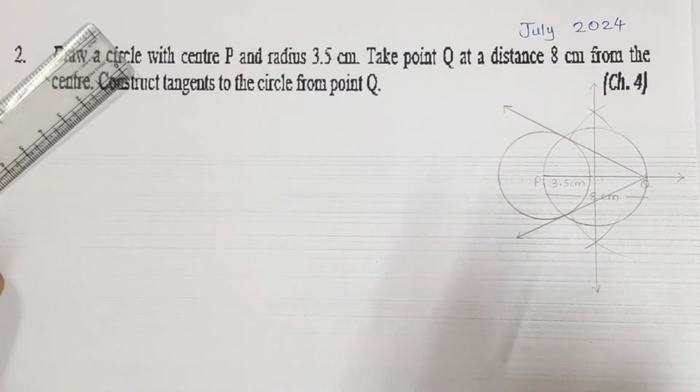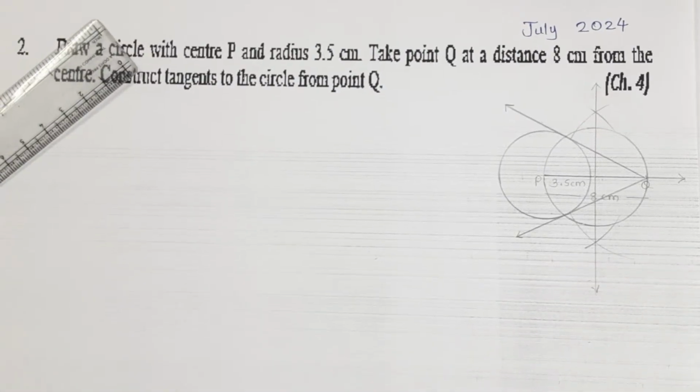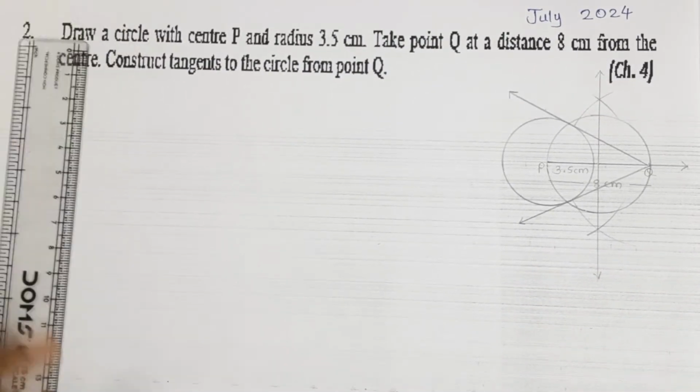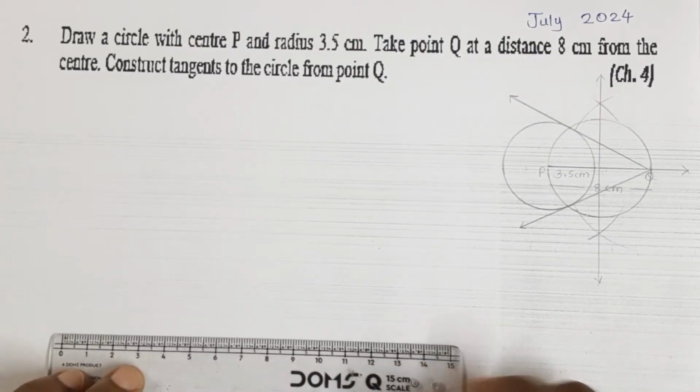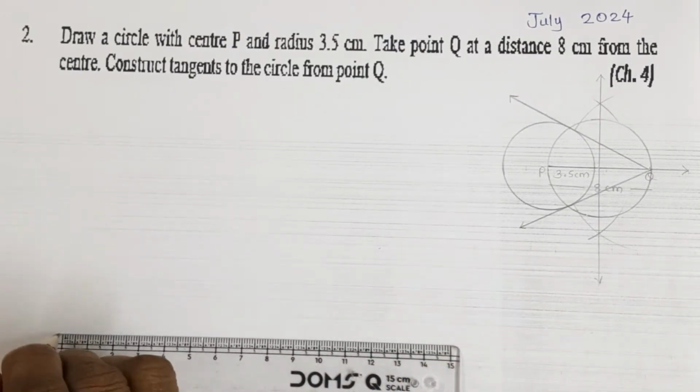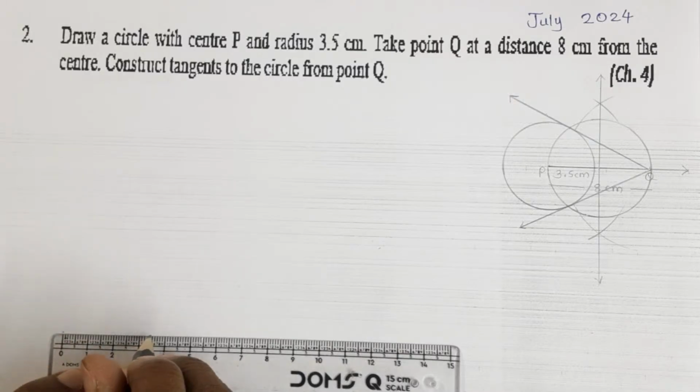So these are the two tangents. So let us draw the fair diagram. Students, first taking the measurement of 3.5.